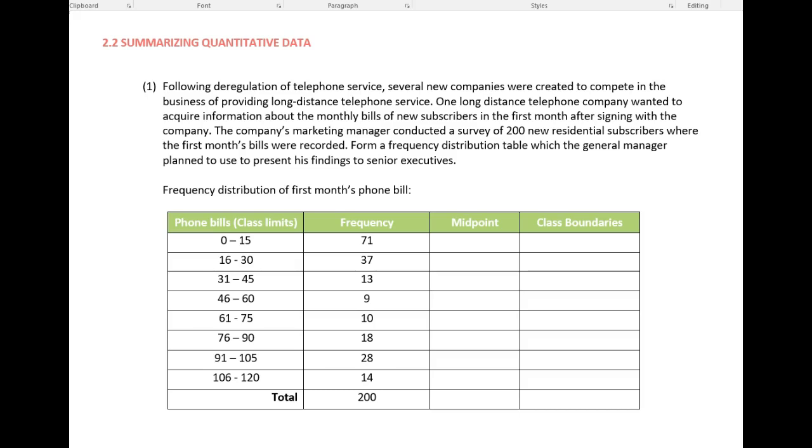One thing I do also want to note is that on the class boundaries, class midpoint, and class width, the reason that I am covering this is, one, the book covers it, or this whole Business Statistics McGraw-Hill product covers this.